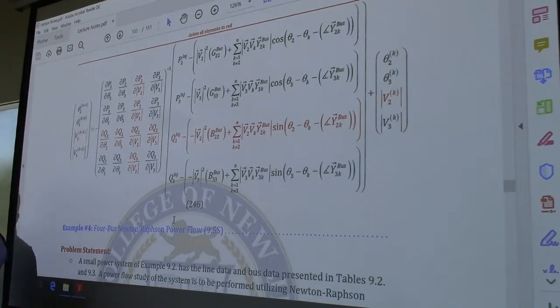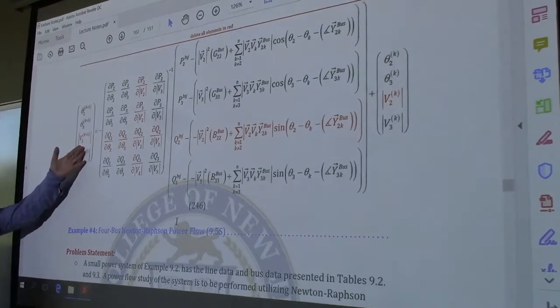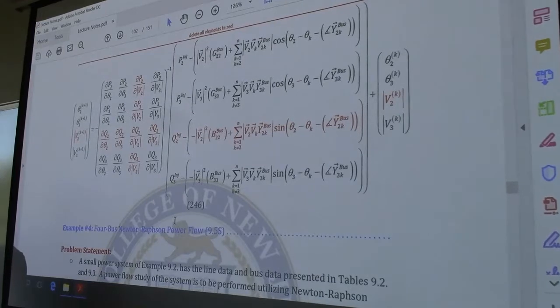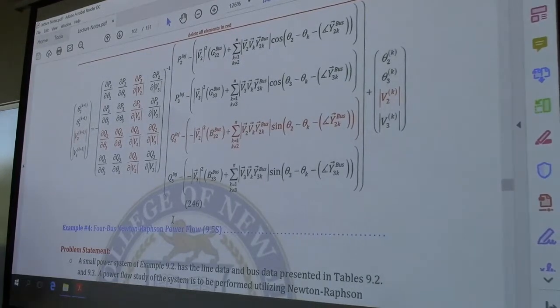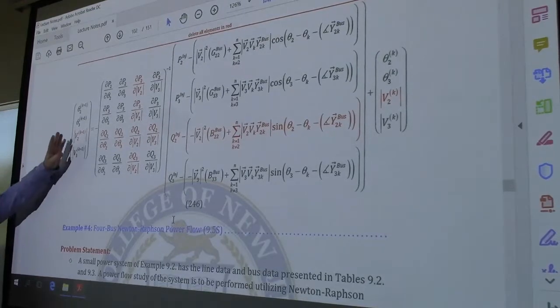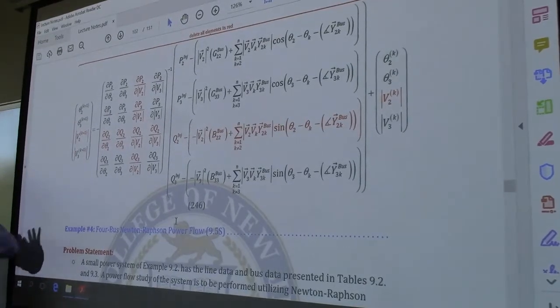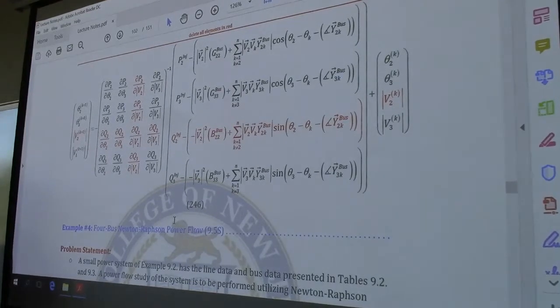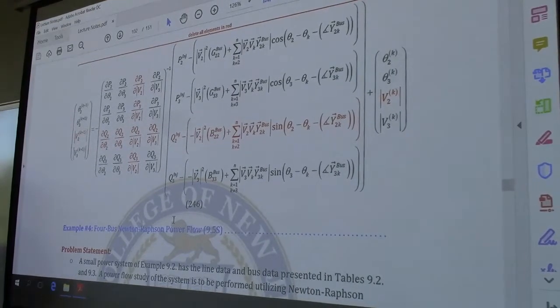So if we look at this example here, a 3-bus system times 2 is 6. We knock off the 2 for the infinite bus, which leaves us with 4. And then, since this one is a PV bus, we knock off 1 more, and that leaves us with 3, which is the theta for the PV bus and then for the PQ bus.